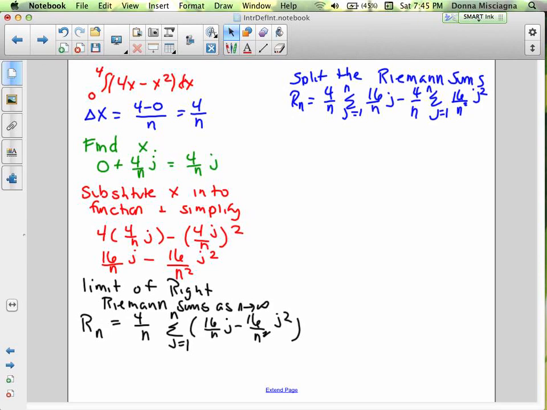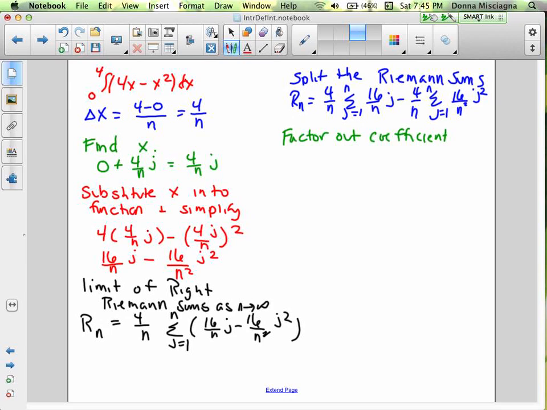All right, so now let's factor out coefficients. So we have R subscript n, 64 over n squared, sigma j equals 1 to n of j, minus 64.